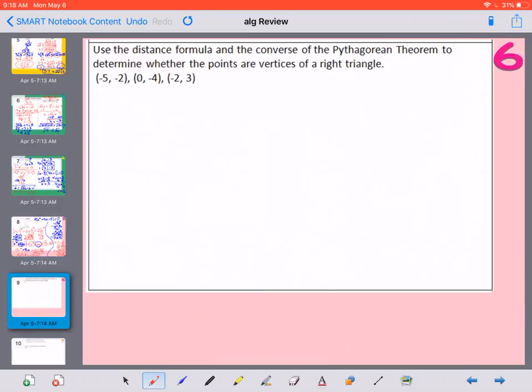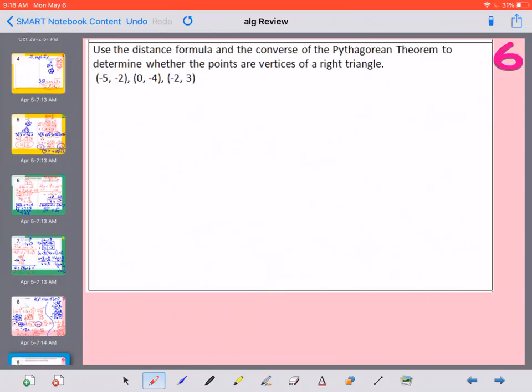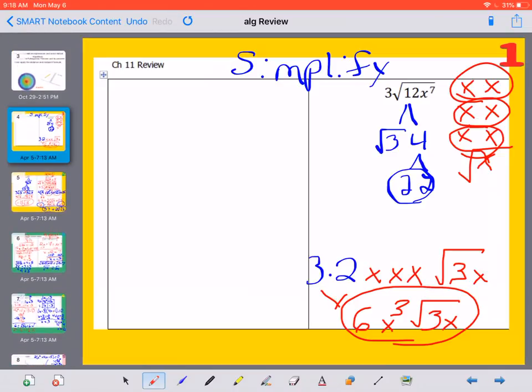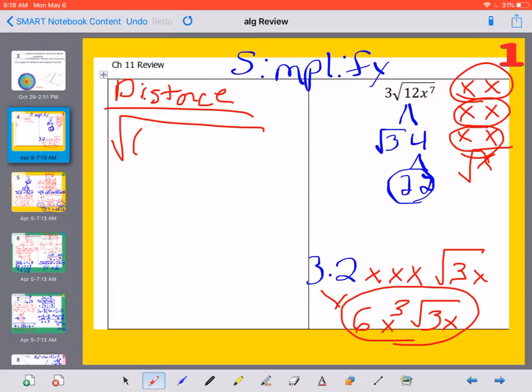Next one, use the distance formula and the converse to determine whether the points are vertices of a right triangle. Now the distance formula, remember, I'm going to go back to my first slide. I'm going to write the distance formula in here. It is the square root of x2 minus x1 squared plus y2 minus y1 squared.